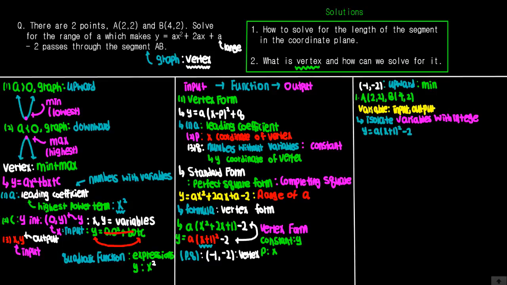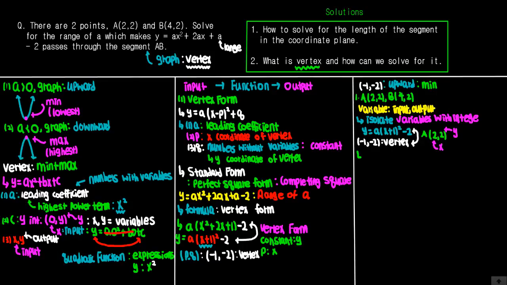We figured out that (-1, -2) was the vertex of our quadratic function, and this is related to our vertex form. If we input the point (2, 2), when our x value, the input of our function, is equal to 2, the output y is going to be 2.